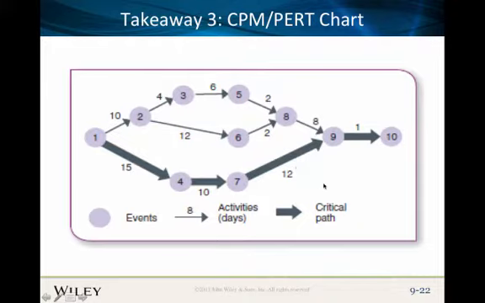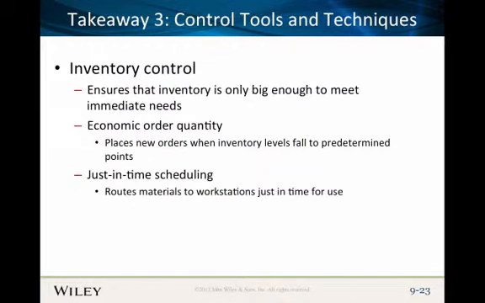So this is one way for a manager to measure, to control a project, looking at the critical path and assessing whether or not the critical path actions are being done in a timely manner, and that there are no delays.